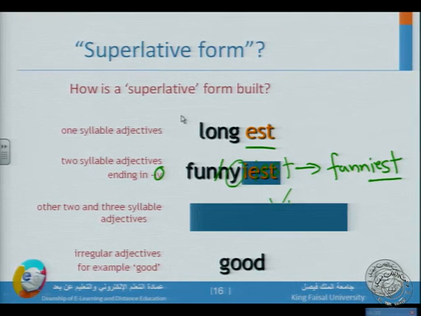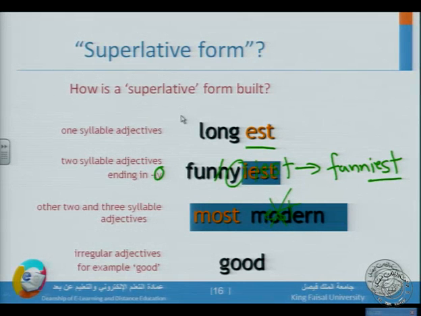What should you say is most modern. Okay, في حالة superlative form نحكي most modern، بينما في comparative form نحكي more modern.